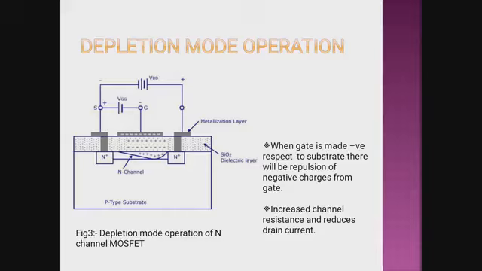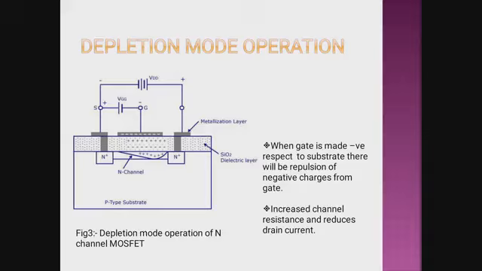So what kind of operation basically happens inside this structure, we have to see. When the gate is made negative with respect to the substrate, the gate repels some of the negative charge carriers out of the N channel, and this creates a region in the channel which is called the depletion region.